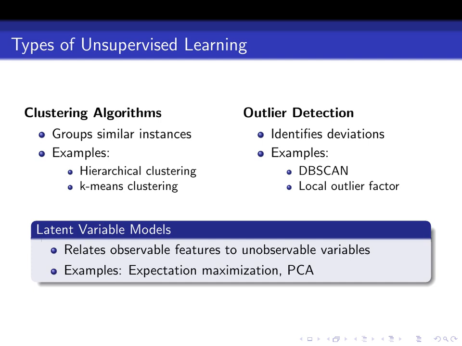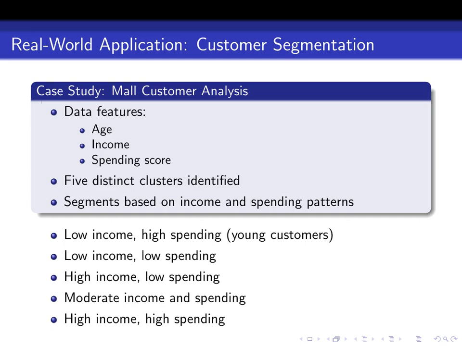Second, we have outlier detection algorithms, which help identify deviations in your data, like DBSCAN and local outlier factor. Finally, we have latent variable models, which relate observable features to unobservable variables, such as expectation maximization and principal component analysis.